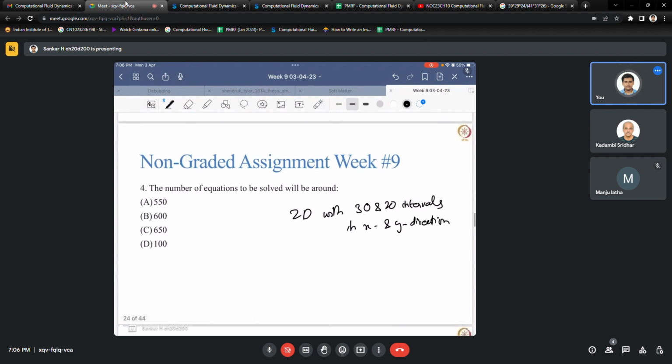Therefore there will be 31 times 21 grid points, and total grid points will be 31 times 21, out of which 31 times 2 will be the boundary points.